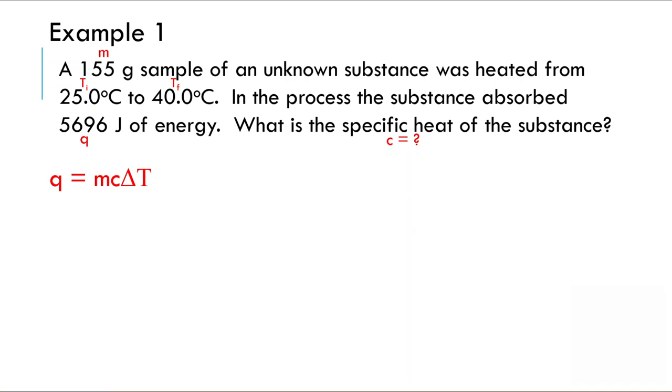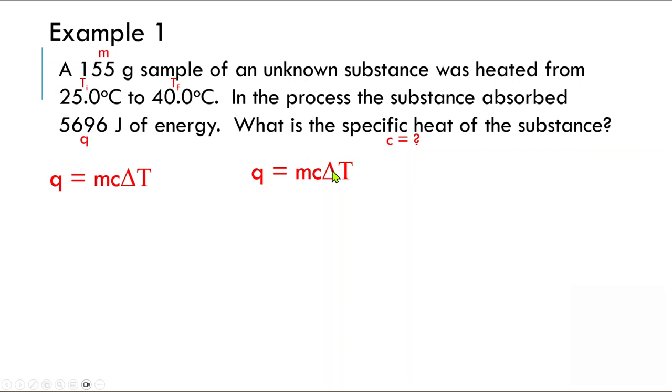What a lot of kids will do, since we're solving for C here, is plug in the values and then rearrange it. But the easier way is to rearrange the equation first. All right, so here's the equation we're using. If I'm solving for C, there's C. I've got to get the delta T and the M over to the other side of the equation.